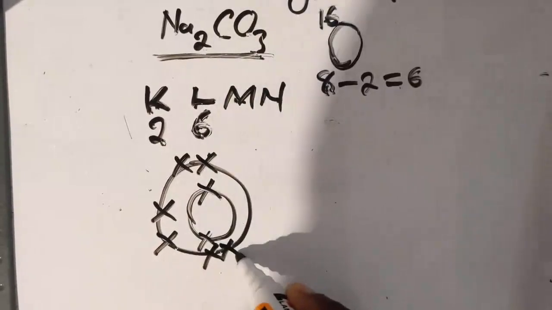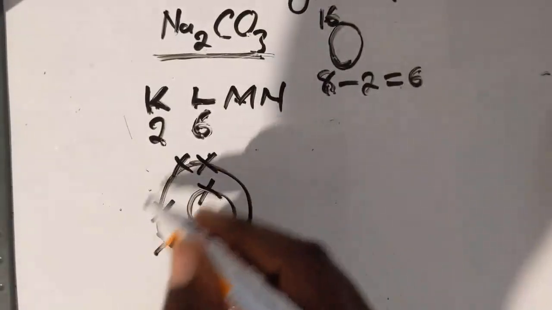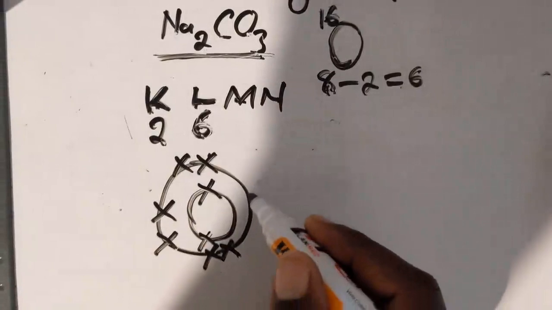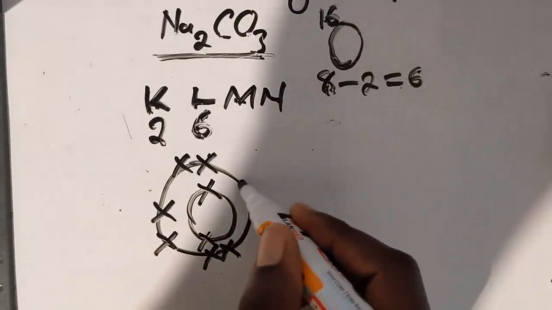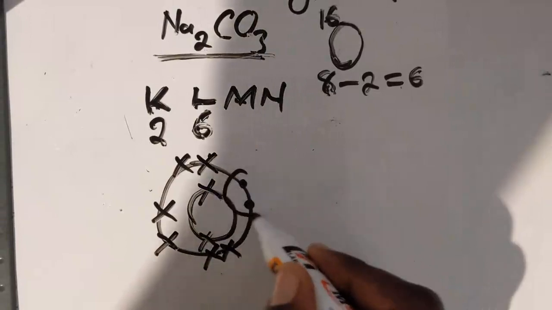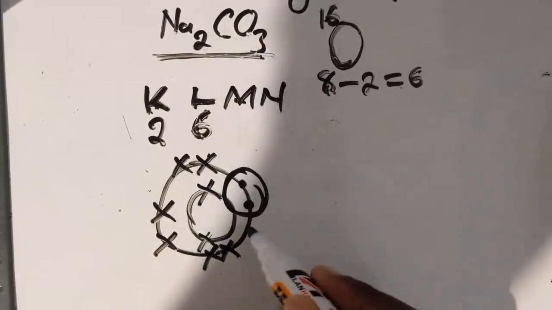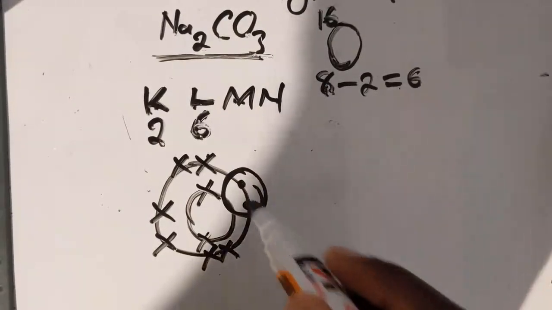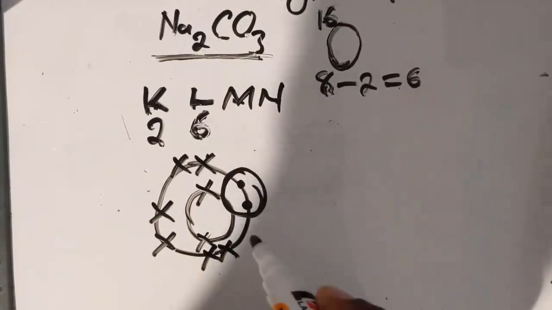So this shell needs 2 electrons for it to be stable. That is what I mean. Those electrons that it needs are what we call the valence number.